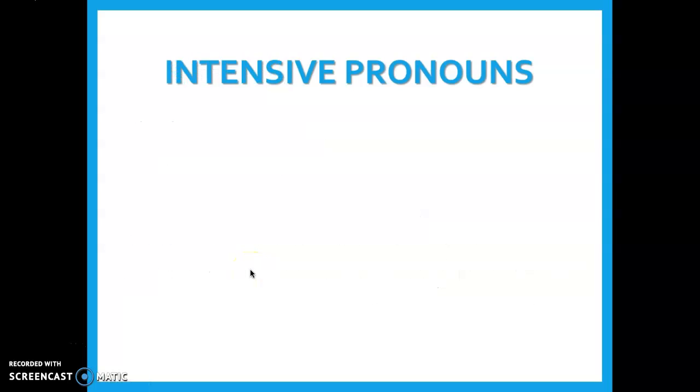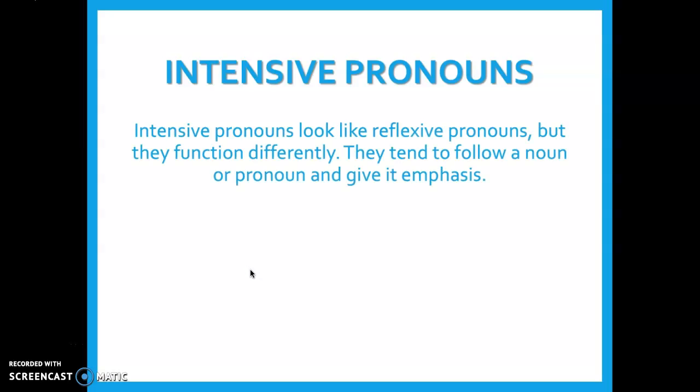Pronouns that look exactly like reflexives but are not are called intensive pronouns, right? So they have a different function. They tend to follow a noun or pronoun and provide some emphasis. For example, I myself don't believe he committed a crime. The real distinction between intensive and reflexive pronouns is that intensive pronouns are optional in a sentence, which means that you can always remove them if you don't need them.